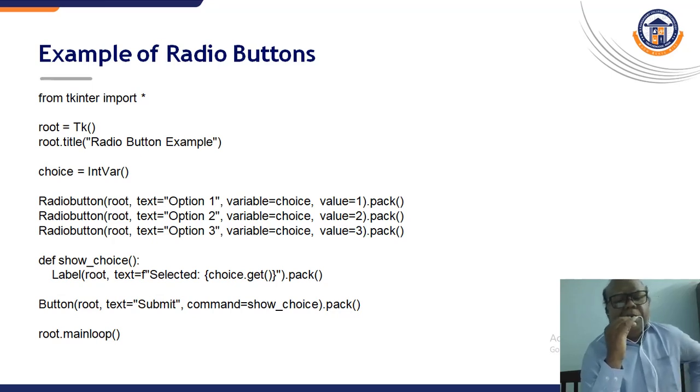So in the radio button you are creating 3 buttons, option 1, option 2, option 3. All have the same variable as choice, because radio is just like a group, only one will be active, so the variable name should have the same name, and value can have 1, 2, 3 unique values. That is not a matter, choice is important here.